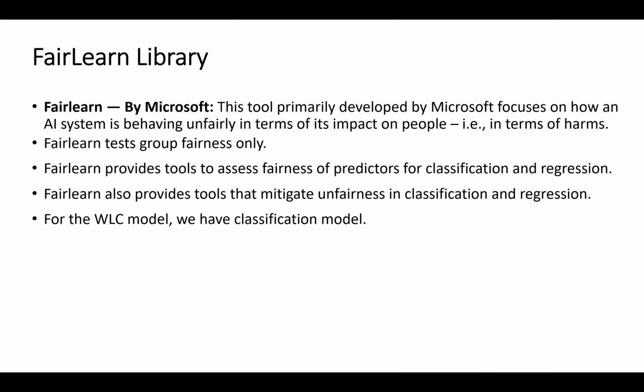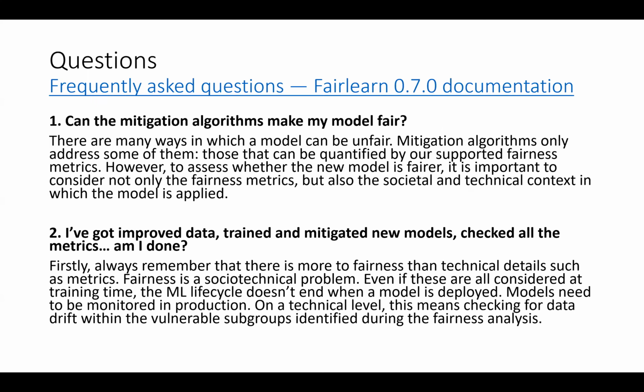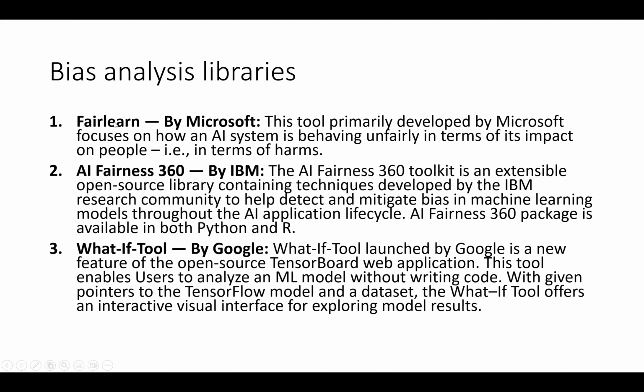So, some facts about FairLearn. Which one is better? I worked with both FairLearn and AIF 360. FairLearn is really a very poor library. It is the library that was given to me to carry out bias analysis in the company. This library has just one metric, and we will come to that metric.